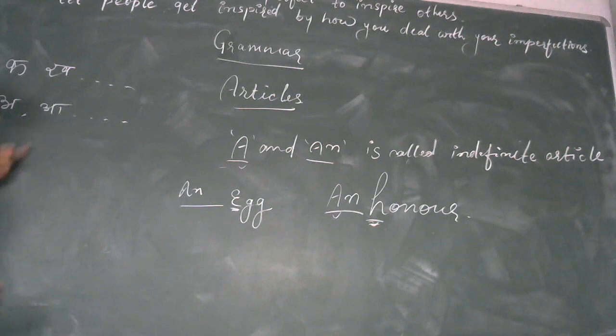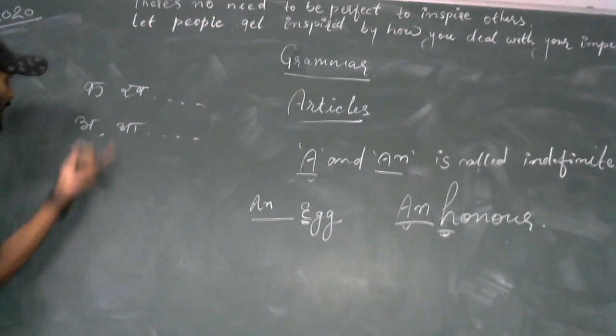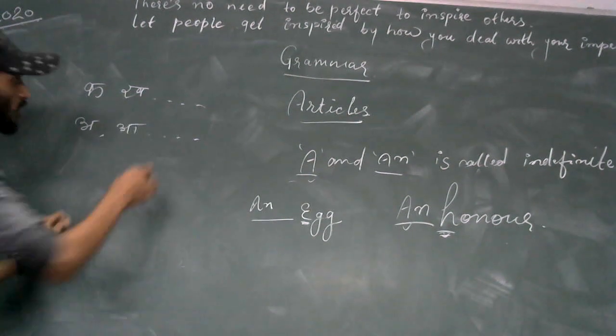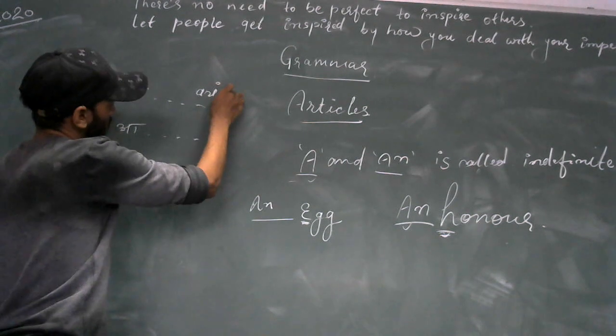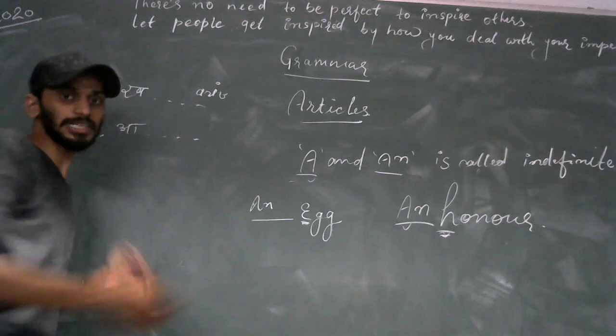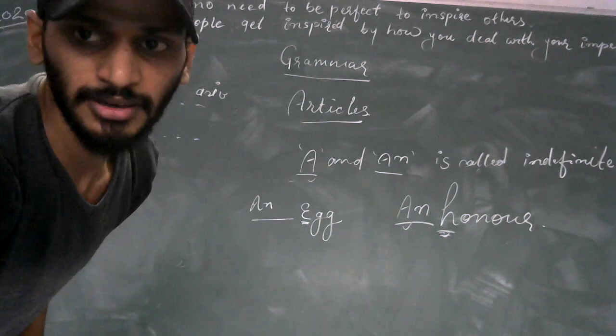I have written Ka, Kha, O, A. Let me adjust it. Okay, see, I have written Ka, Kha. This is called Vyanjan.